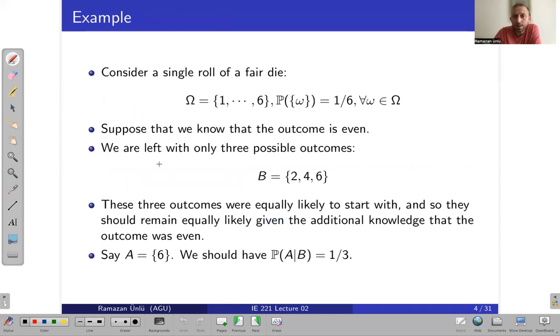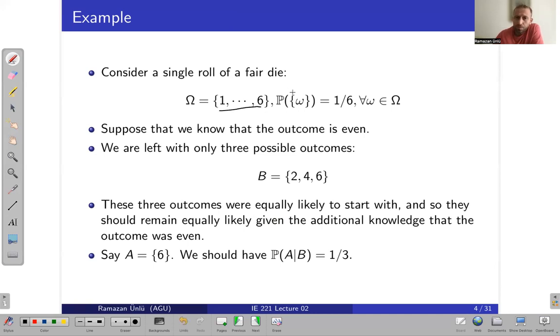Again, let's continue with an example and consider a single roll of a fair die. Our sample space, our omega, is the numbers from 1 to 6.